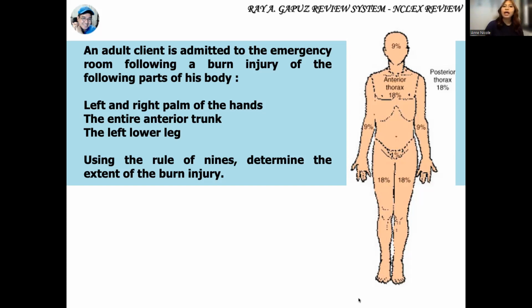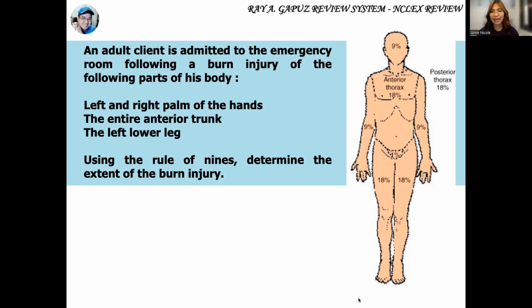So again here, left and right palms of the hands is how much? How much is the left and right palms? It's 3. Okay, again, because each palm is 1.5. Entire anterior trunk is how much? Is 18. Because when you say entire anterior trunk, it consists of your chest and your abdomen. 9, 18.